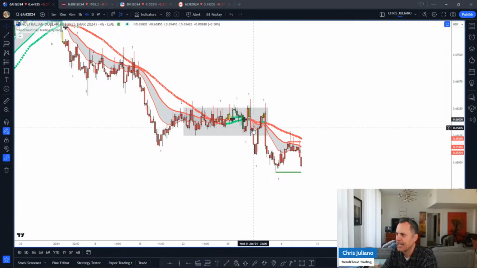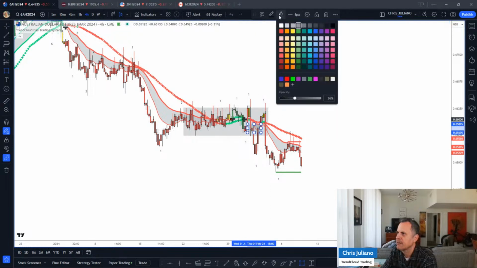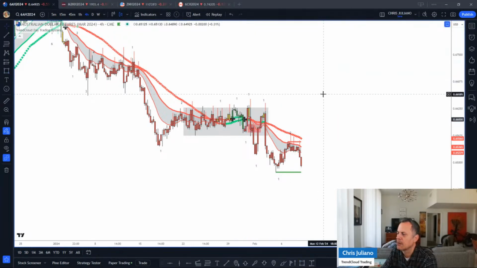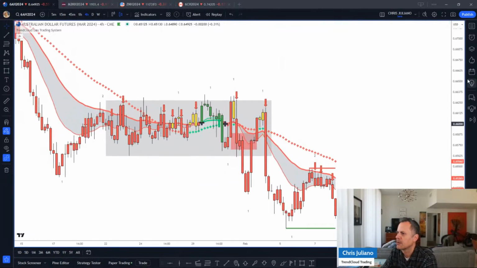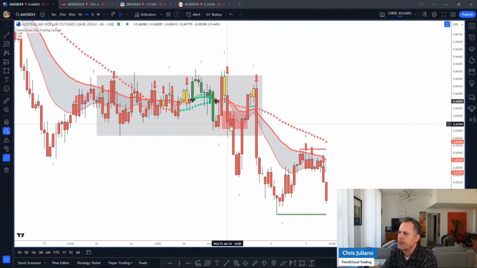We went and started looking for shorts right in here. Remember that? Right in there. Let's make that bigger so everybody can see. Drop base drop, right? That was the logical thing to do.